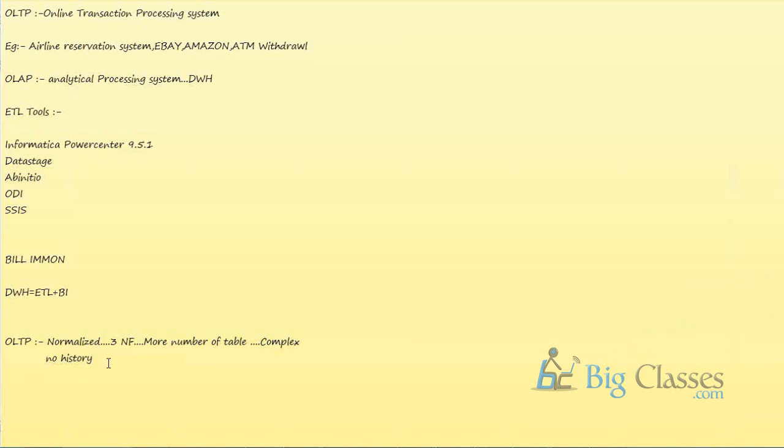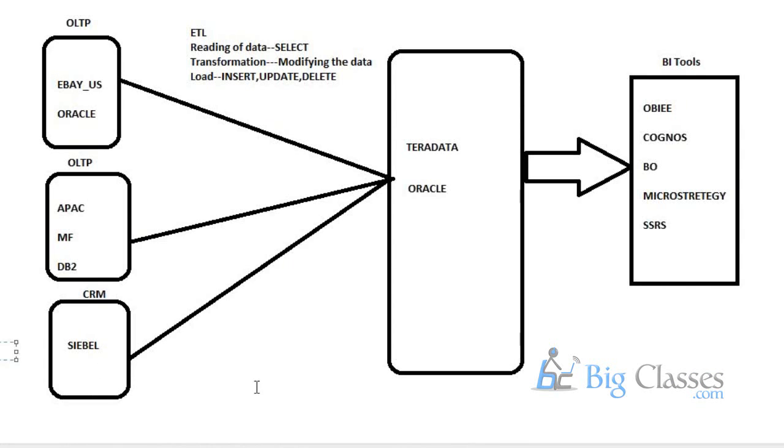So the data in the OLTP system has no historical data. And one more disadvantage in performing reporting on the OLTP systems is that data is distributed across different applications, and we do not have a common tool which can retrieve the data from all these heterogeneous systems and generate a single report for me.